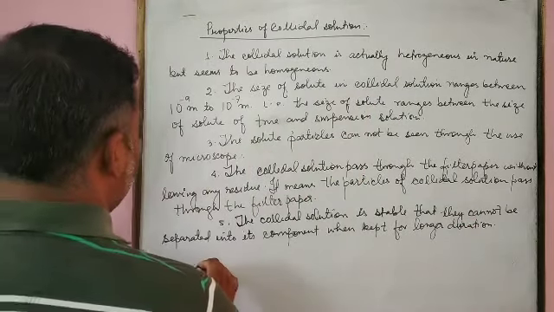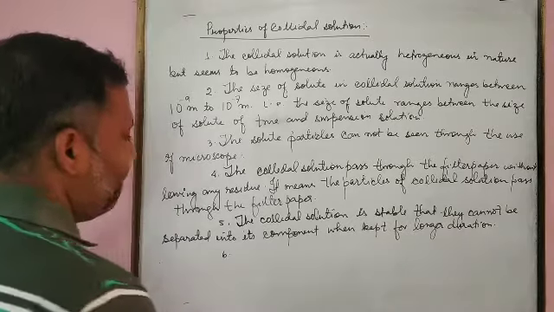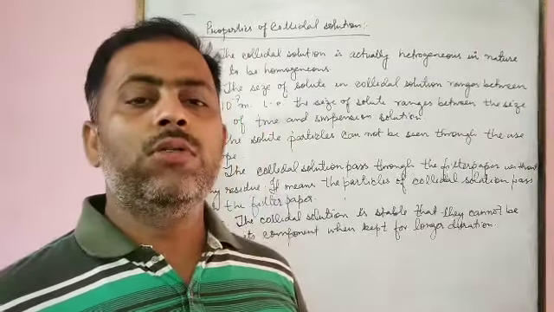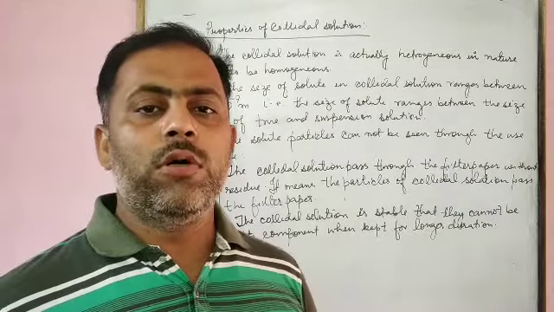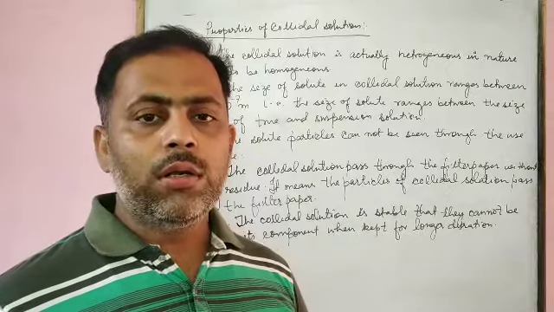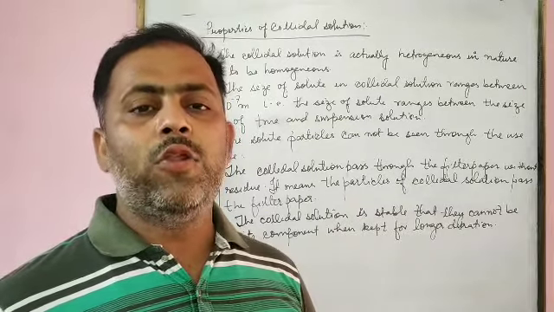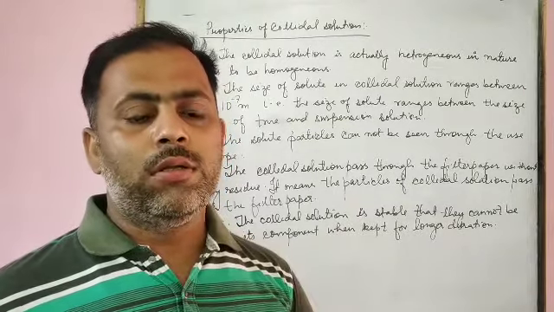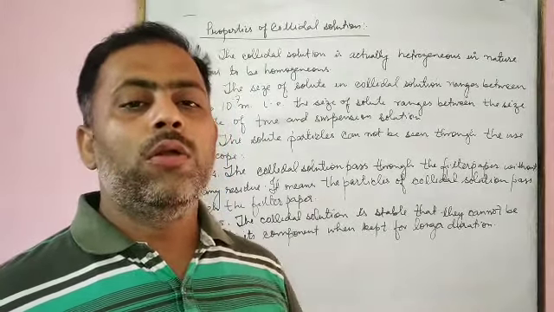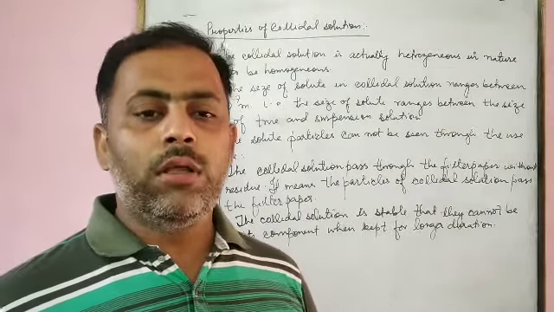The next one, we know in case of true solution, the solute size is quite smaller, that is lesser than 10 to the power minus 9 meter. It means that particle size is quite smaller to scatter the light falling on it.